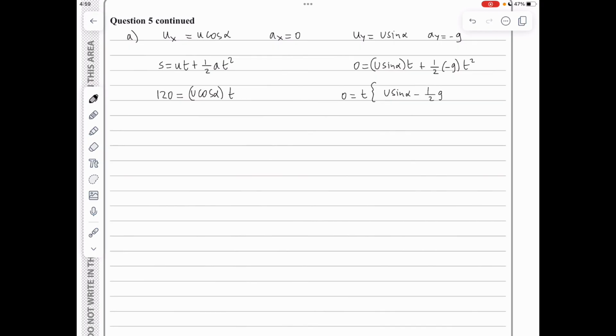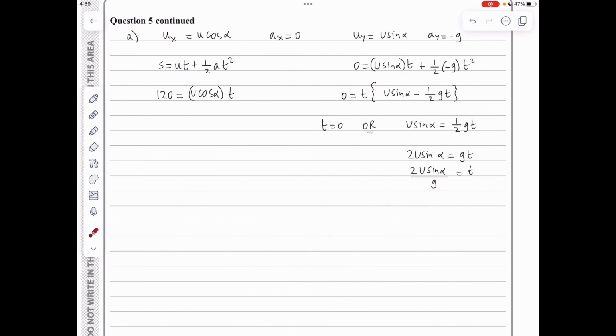I can factor out the t here, and I'm left with u sine alpha minus a half g t. This will help me get the time of flight because I see that the solutions are t is 0 or u sine alpha is a half g t. So 2u sine alpha is equal to g t, which means that 2u sine alpha over g is equal to t.